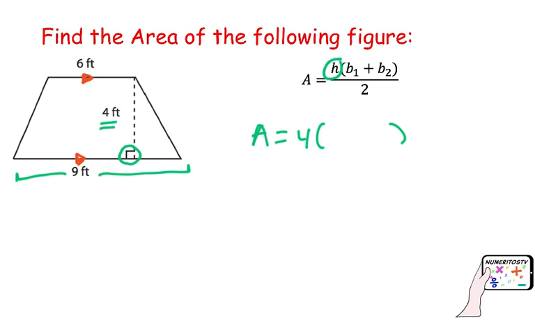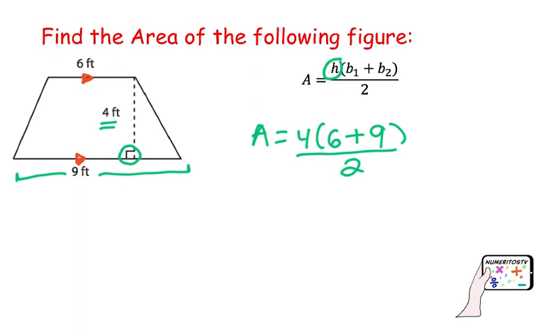So that will be my base 1 and my base 2. No matter how you accommodate these two numbers, because we're doing order of operations, we will get the same answer. So you can write 9 plus 6 or 6 plus 9. It will work either way. And then don't forget that we need to divide by 2.